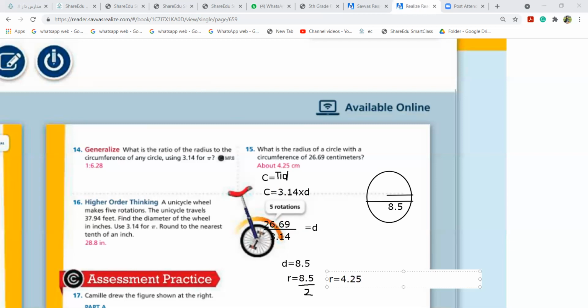Guys, this lesson is not there in your test, but this is a very, very important concept in higher grades. That's why I'm going very slow and I'm trying to explain each and everything.